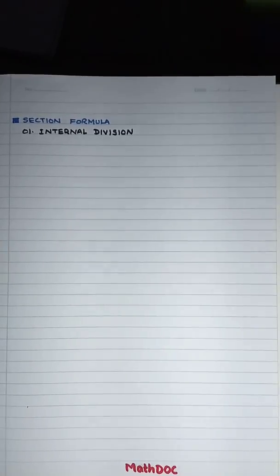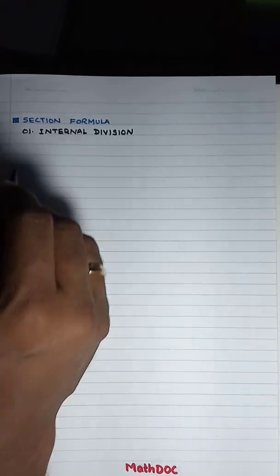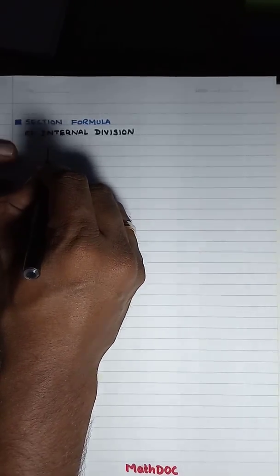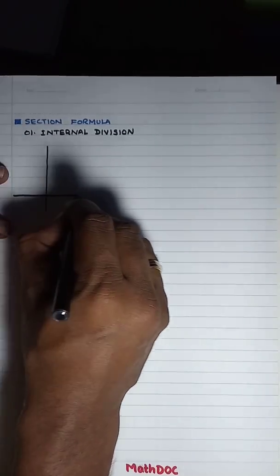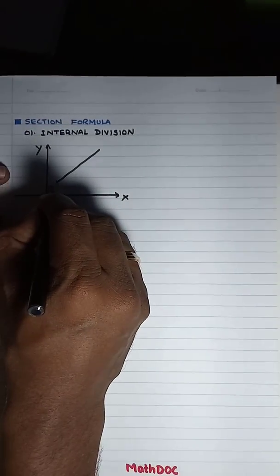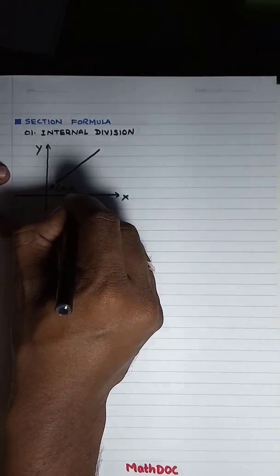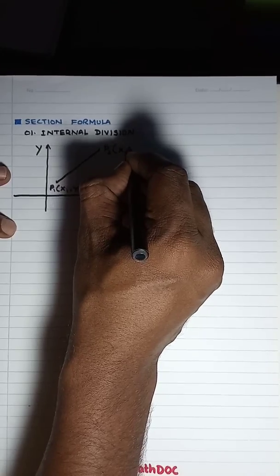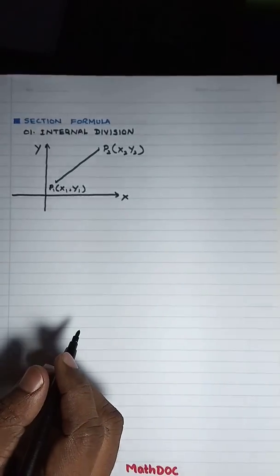Then let's analyze the section formula, internal division. Consider the x-axis and y-axis, and 2 points given here: P1 (x1, y1) and P2 (x2, y2).